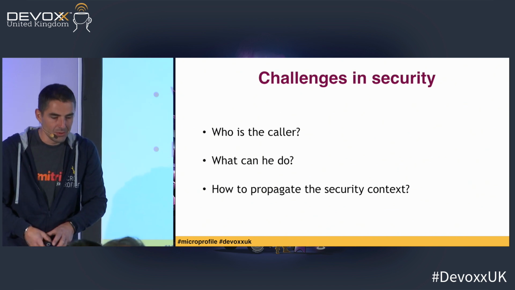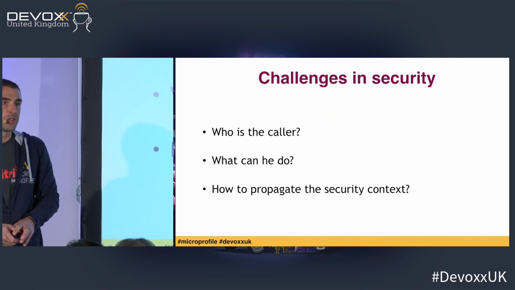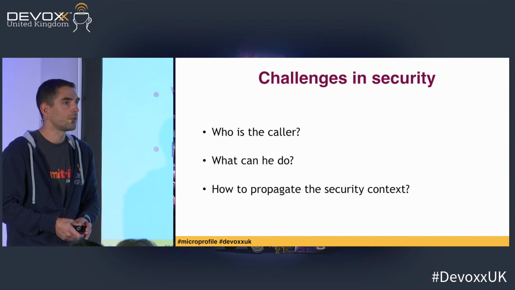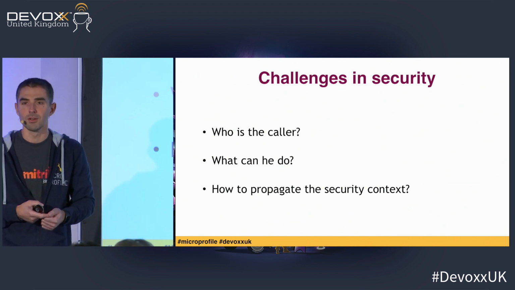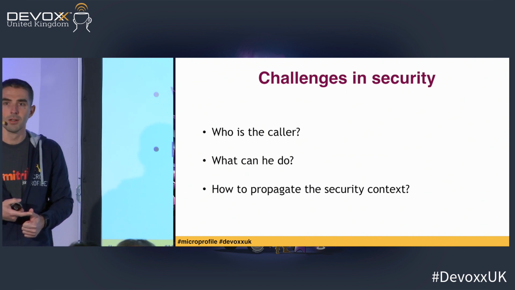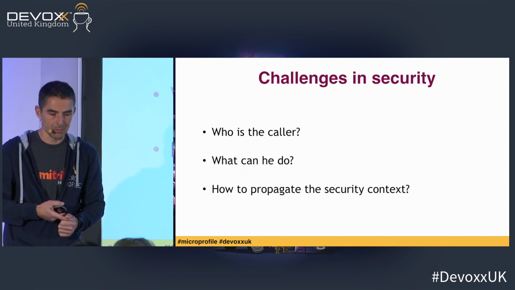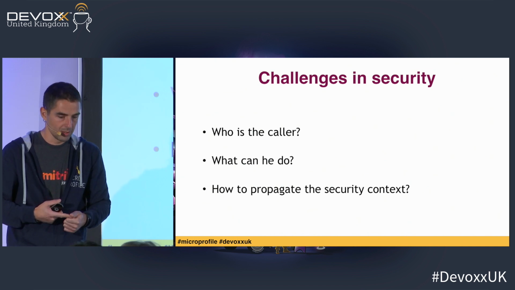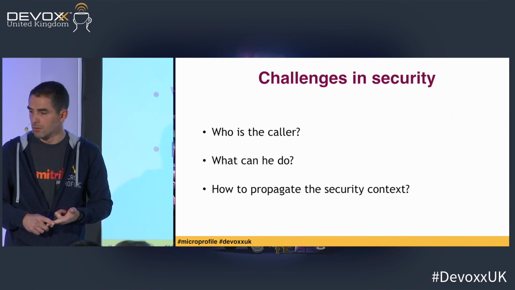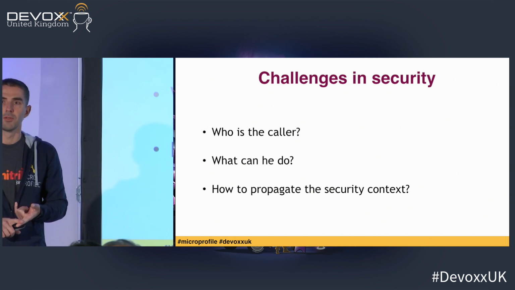All right, so usually there are three main challenges in terms of security when you want to secure your microservices. First, you have to identify who is the caller, and make sure that person is who they are pretending to be. You need to know what the guy can do with your microservice.